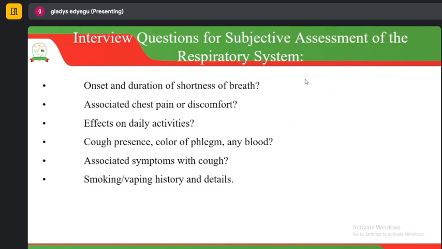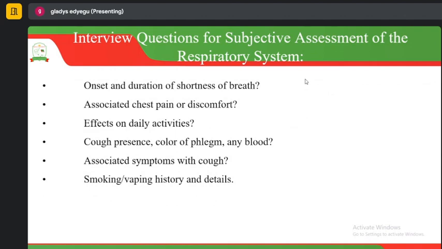Then also the associated chest pain or discomfort. When the patient is having difficulty in breathing or some kind of shortness of breath, and when you ask them, they may tell you, I feel there is also chest pain, and maybe it is radiating to a certain side, and you can associate it with certain conditions.